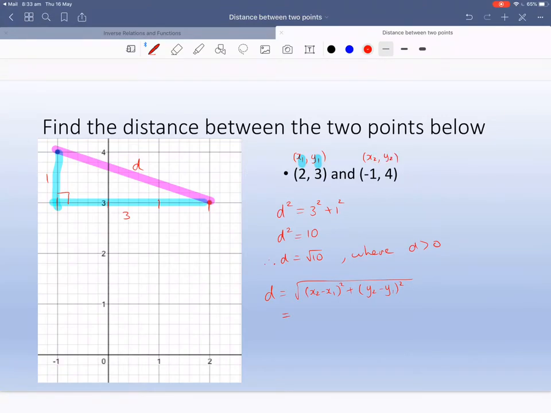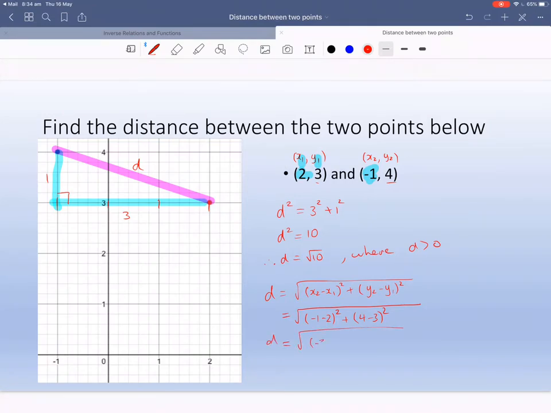So let's do it. So I'm going to sub just as it is. So x2 was minus 1 and x1 is 2. So let's do that. Minus 1 minus 2 squared plus, and then y2 is 4 minus 3, so 4 minus 3 squared. And in actual fact, we're getting to the same answer already.